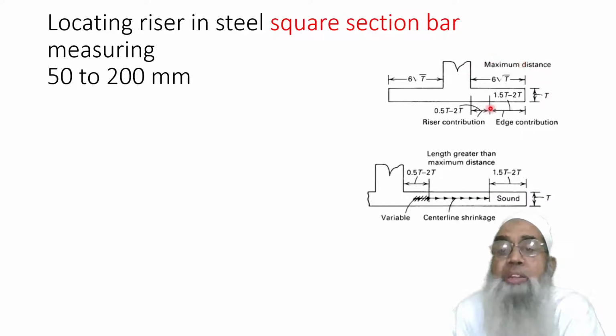Therefore, on the other side, the riser with a distance of 6 under root T will be able to compensate efficiently.